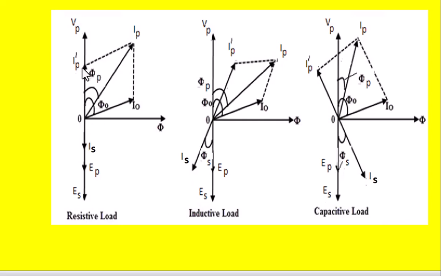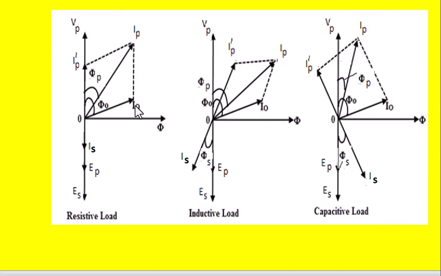The calculation of I1 dash or IP dash is already covered in the form of the equation, that is I1 dash into N1 is equal to I2 into N2. From that we calculate what is I1 dash or IP dash. Once that vector is known and I0 is known, then we can draw the resultant vector called IP. This is also called I1 or the net input current to the primary winding.